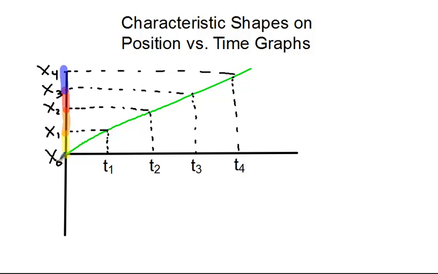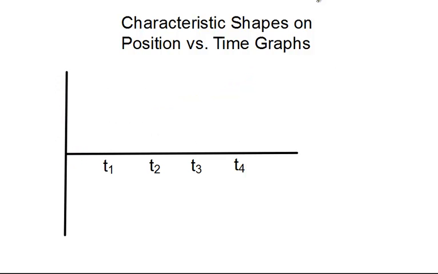So anytime you see a positive slope straight line, we describe that object's motion as having a positive constant velocity. And if you were to take the slope of it, it would be a positive constant value. So keep that in mind: slope, or just the general shape of the graph.